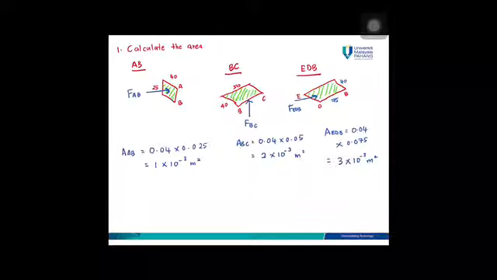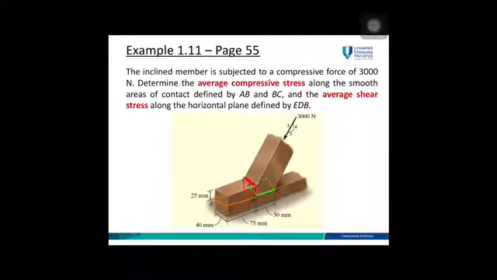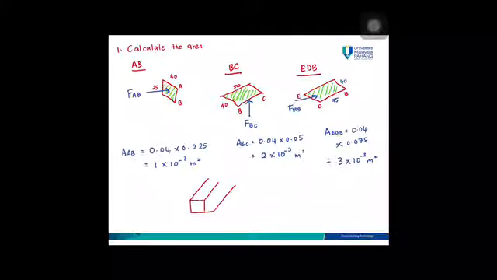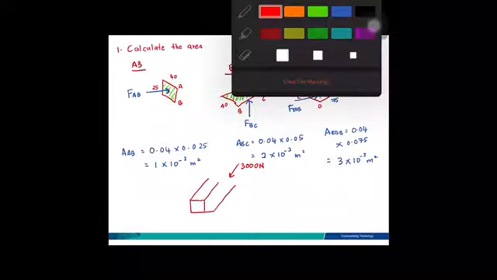First of all, draw the free body diagram. This is from here, I take this one. You have an applied load of 3000 Newton, and then you have all the forces here.